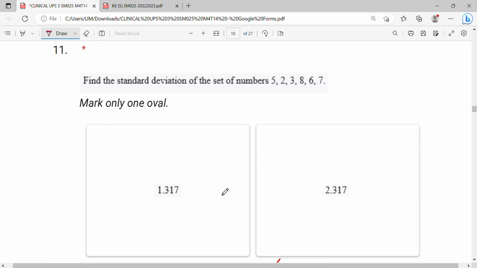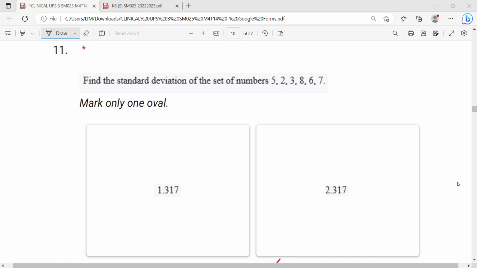So continue. What is the standard deviation of the set of numbers? So again we can use the calculator. Number 3, statistic, 1 variable. So frequency is not needed, close the frequency column again. So 5, 2, 3, 8, 6, 7, done.